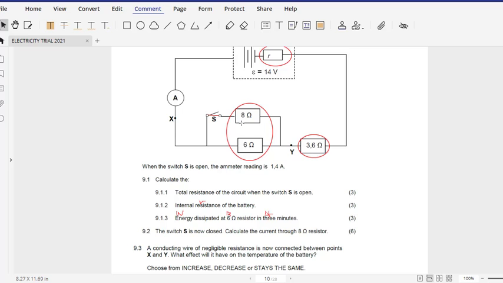So I think that can work because we know the resistance of the two. So let us proceed and then find the total current of the circuit. Now to do that, we need to use the EMF. We know the internal resistance. We calculated it in question 9.1.2, and then we know all the other resistors, so we can calculate the total current through that means.